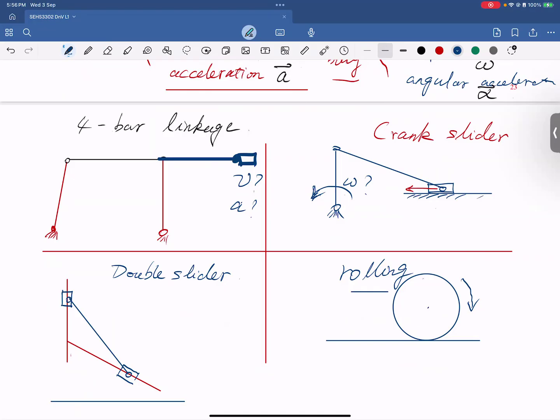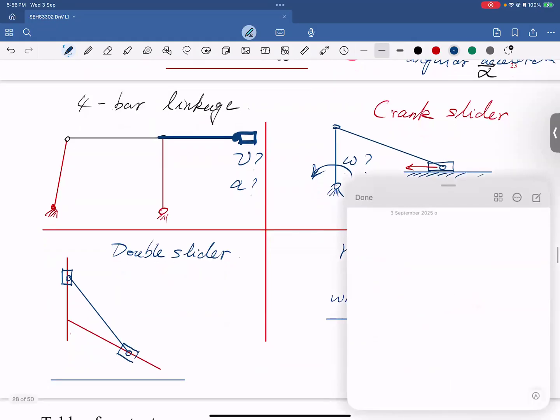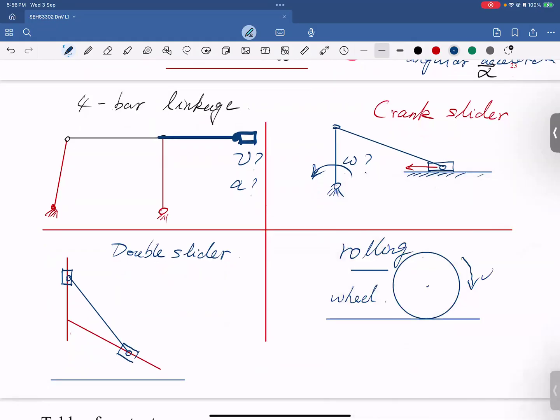Where we have some pulleys, where we have some cars, right? And trains, right? Wheels are used everywhere. And the question is, once we know the angular acceleration or angular velocity of such a wheel, can you find out a specific point's acceleration and velocity?